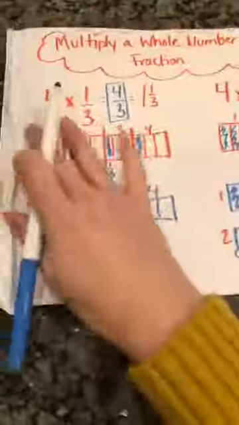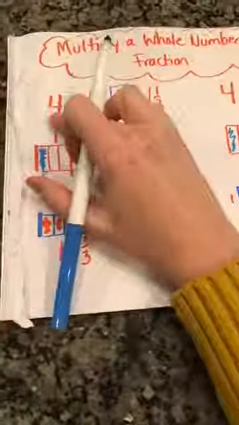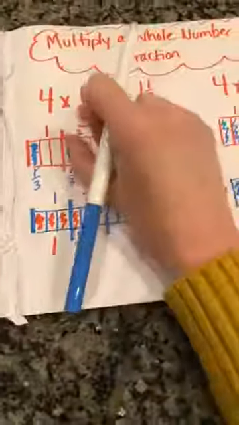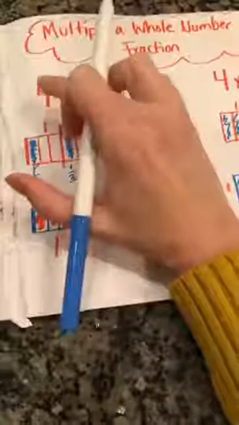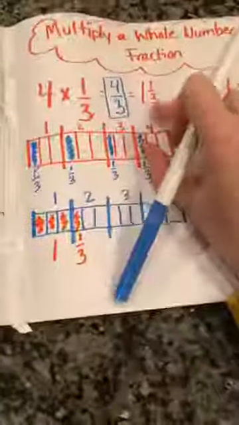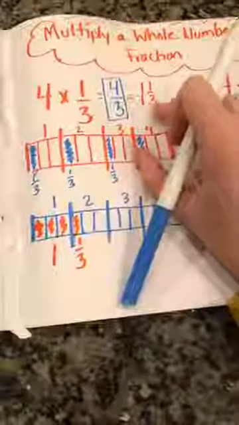Because ultimately what's happening here, if you think about it, we're taking 4 and we're multiplying it by something less than a whole. So if we know 4 times 1 is itself, anything less than a whole has to be less than what we start with. And so that's a tough skill for students to understand.